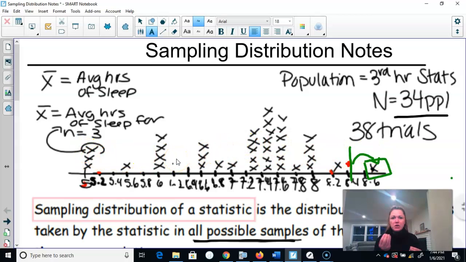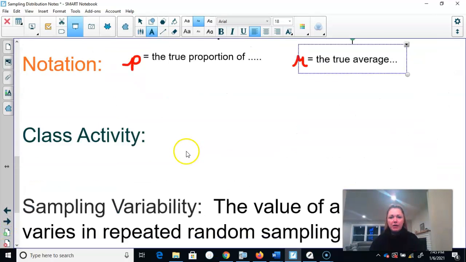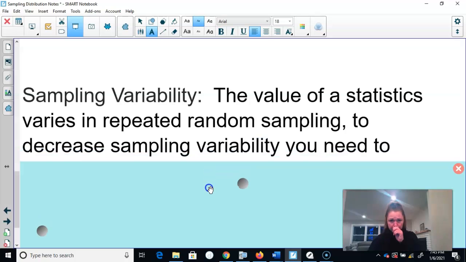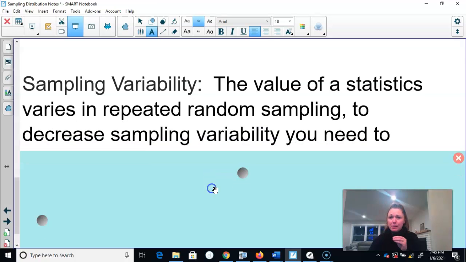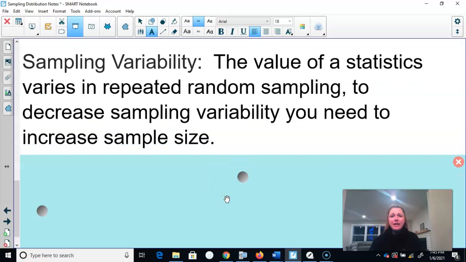Not every single person, when they hand me that x bar, that little sheet of paper on the average number of sleep hours they found, gets the same value. Sometimes it is, but there's variation. We know that in statistics, there's going to be variation. To decrease that sampling variability, you need to increase sample size, okay? You need to increase sample size.